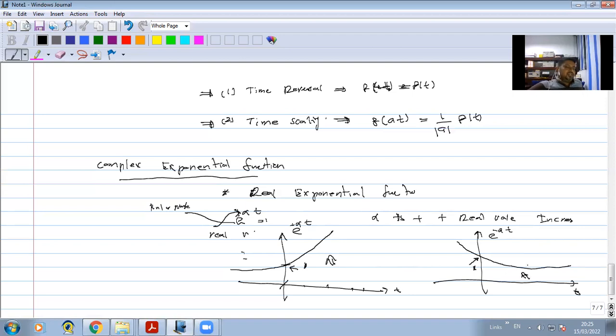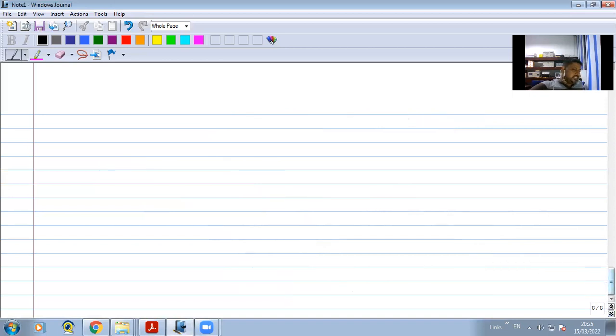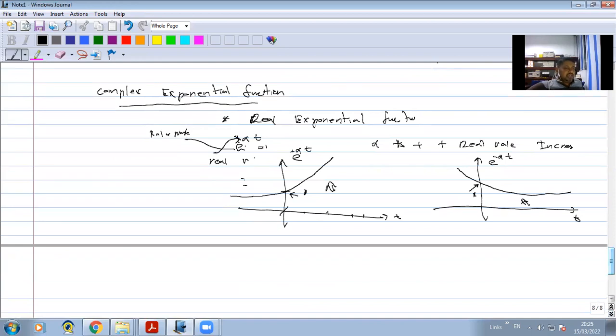If you have learned about capacitor charging and discharging, you may remember that charging is like this and discharging is like this. Actually, this is the exponential signal, the voltage with respect to time. If you discharge the capacitor using a load, the voltage will be reducing exponentially.